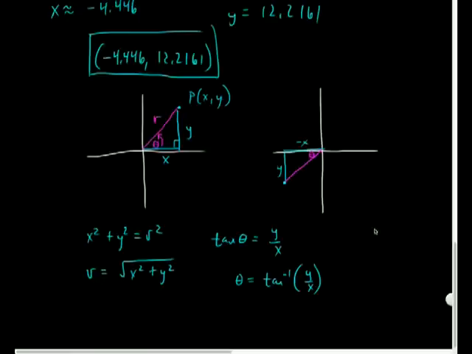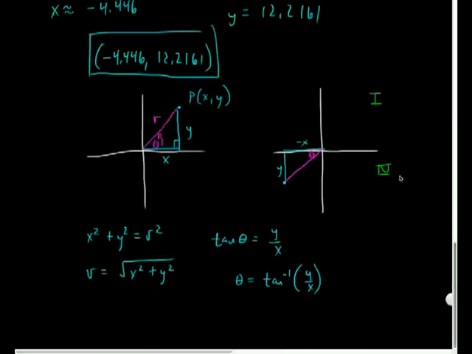So that's why they've decided to restrict it to just one set of it, and they basically restrict it to quadrants 1 and 4. So anytime I'm in quadrants 2 or 3, I'm going to have to take into account that it's probably giving me the wrong theta value. And what we'll do in that case is just add pi to it, or 180 degrees, and it will end up working.